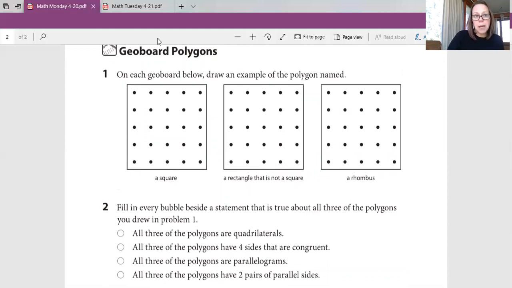Now on this next page are geoboard polygons. For number 1, on each of those geoboards, it wants you to draw an example of the polygon named. So on this first geoboard, you're going to draw a square, any size you want, as long as it is a square.